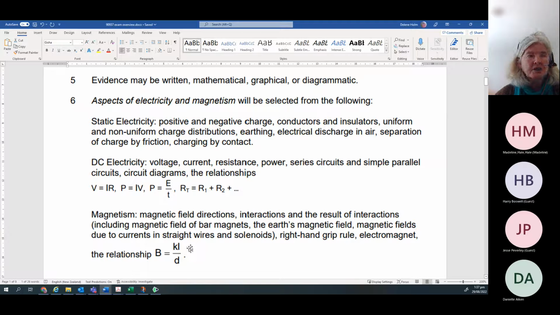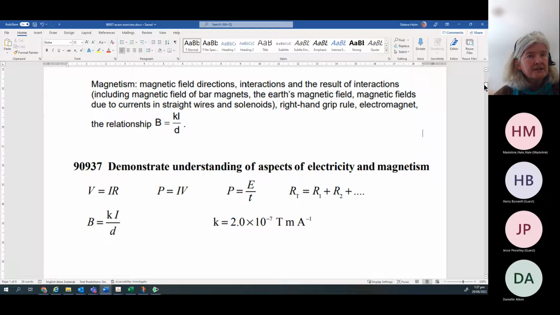I is the current, and D is the distance between 2 points on the electric field. Okay, now you are given all those equations, as well as you're always given the K, the constant that is in this formula. So any questions with that before I move on? You're welcome to put questions in the chat at any time.